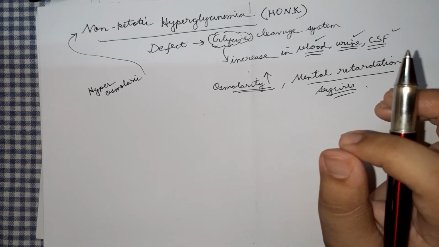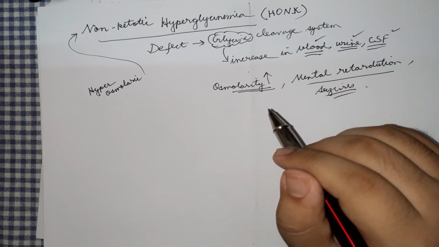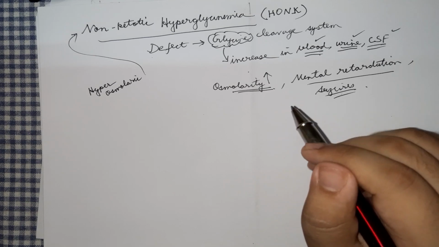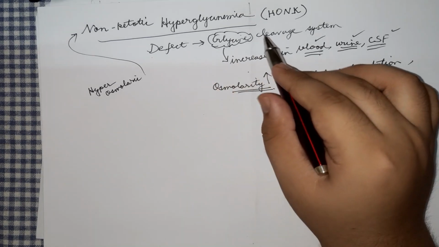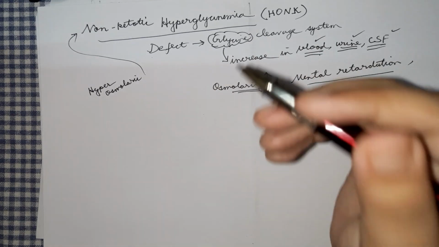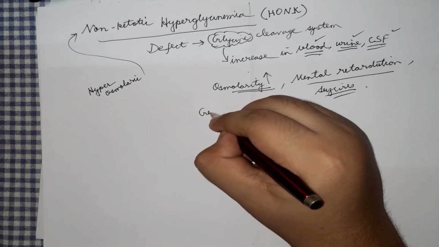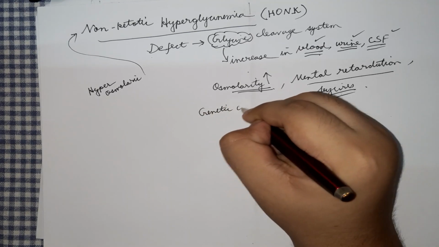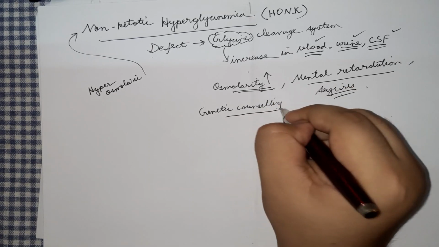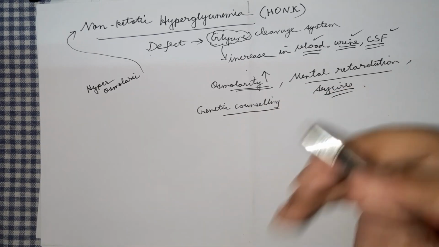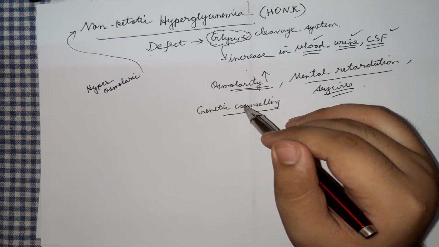Now, what do we do if somebody has HONK? What do we do then? The problem is that the defect is in the enzyme. So it is basically a genetic defect, so genetic counseling is needed. But unfortunately, the bad news is that there is no effective treatment for this kind of condition.